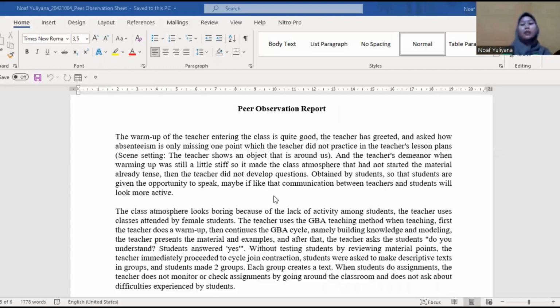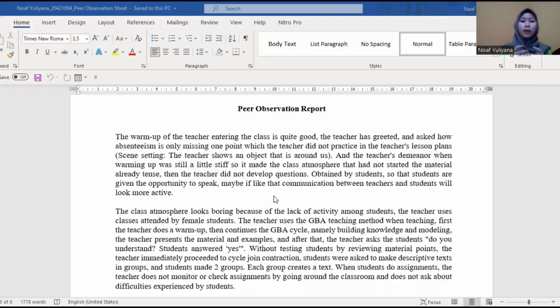The teacher's demeanor when warming up was still a little stiff, so it made the class atmosphere tense before the material had even started. Then the teacher did not develop questions from students, so students were not given the opportunity to ask or speak. Maybe if done like that, communication between teacher and students would look more active.